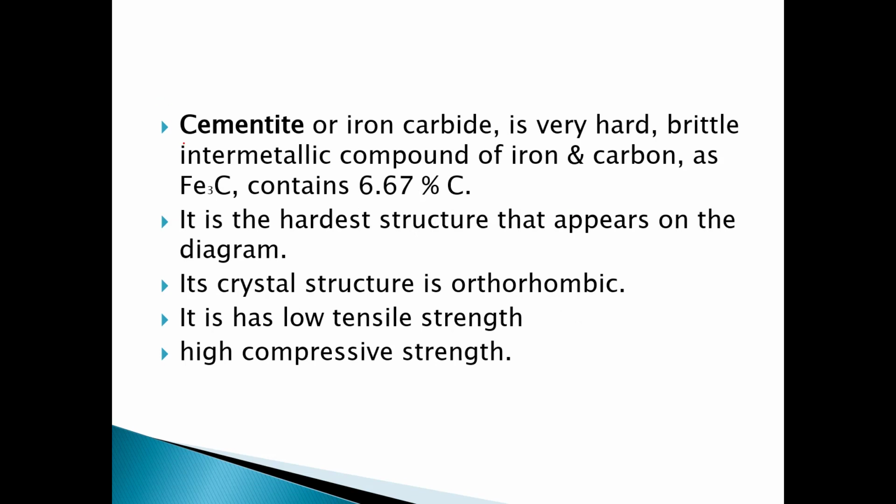Next phase is cementite or iron carbide, that is Fe3C. It is a very hard, brittle intermetallic compound of iron and carbon, as cementite contains 6.67% of carbon. It is the hardest structure that appears on the diagram.